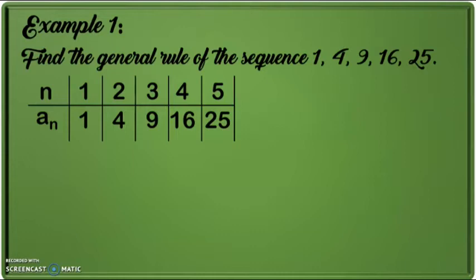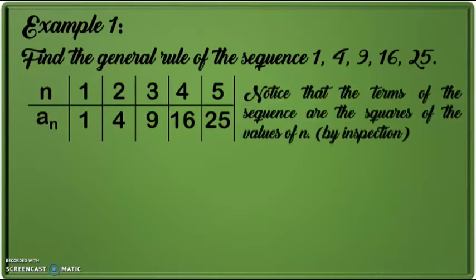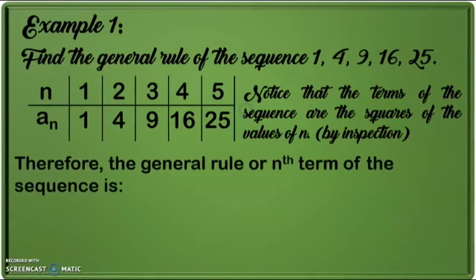By inspection, notice that the terms of the sequence are the squares of the values of n. Using inspection, we have noticed that the values of n are being squared. So therefore, the general rule is a sub n is equal to n squared.